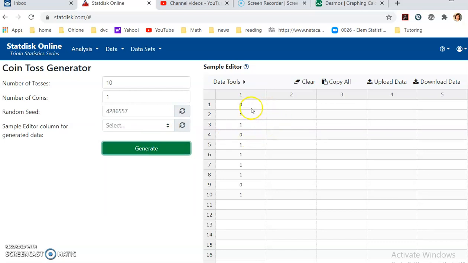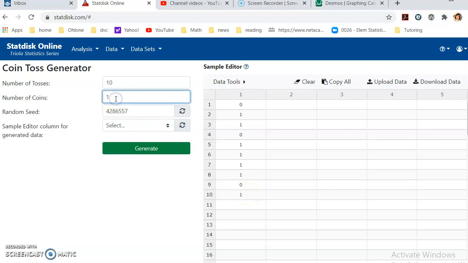So I think this is the number of heads or the number of tails. I don't know. So 0 means tail, 1 is head. So the first time, because you're tossing 1 coin, you have no head. So you can count 1, 2, 3, 4, 5, 6, 7. This time I have seven heads.